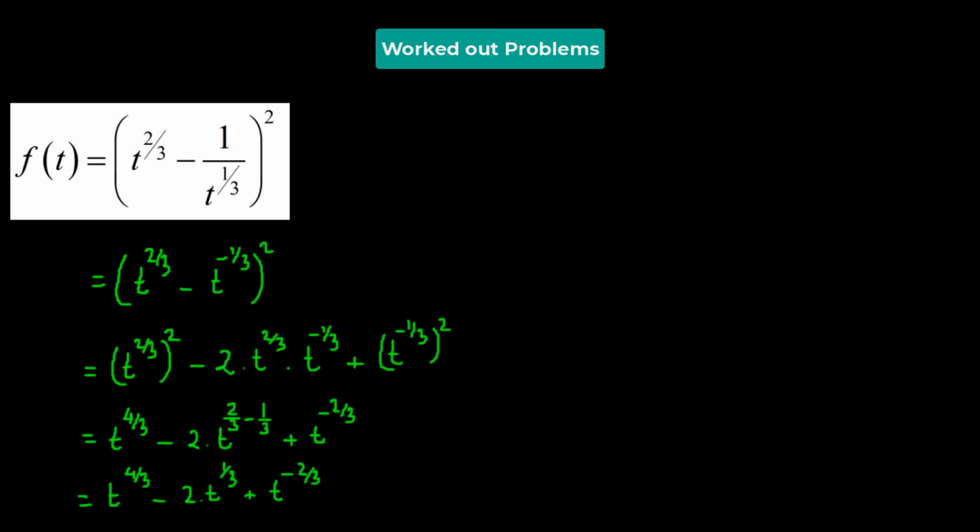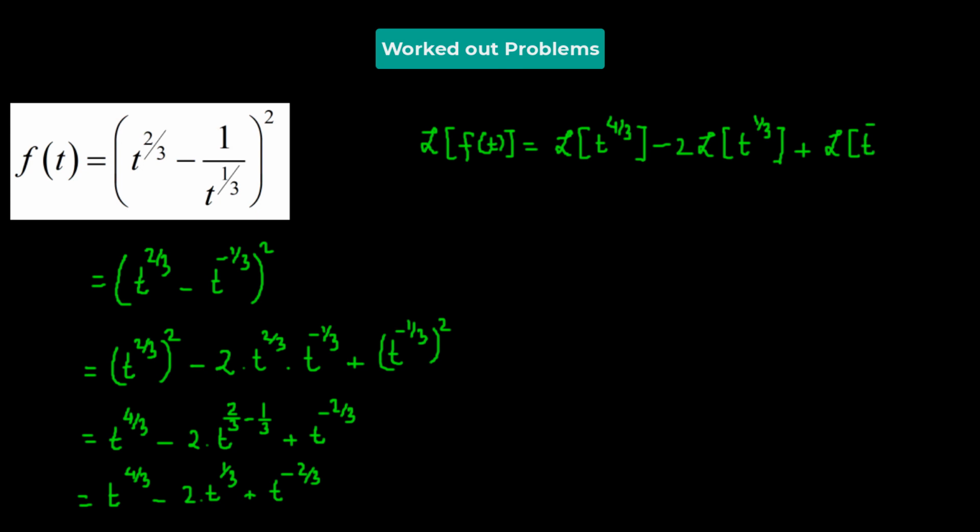So now we find the Laplace transform of the given function f of t. That will be equal to the Laplace transform of t raised to the power 4/3, minus 2 times the Laplace transform of t raised to the power 1/3, plus the Laplace transform of t raised to the power of negative 2/3.